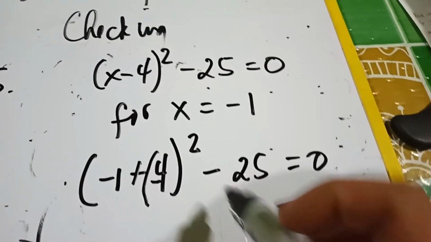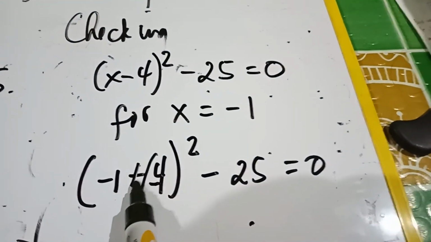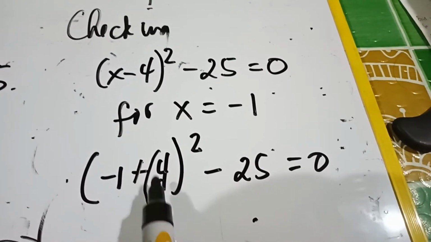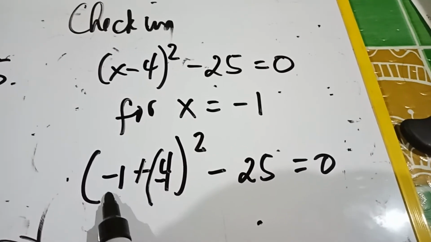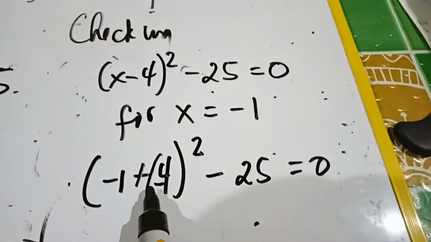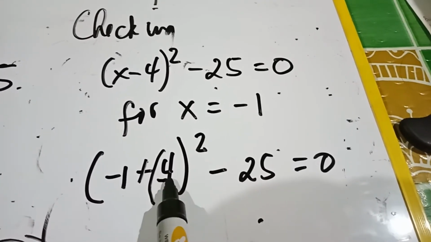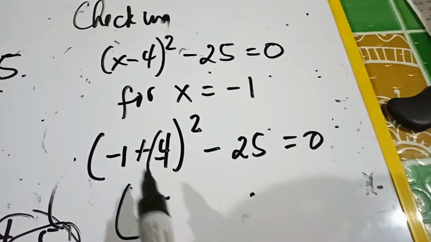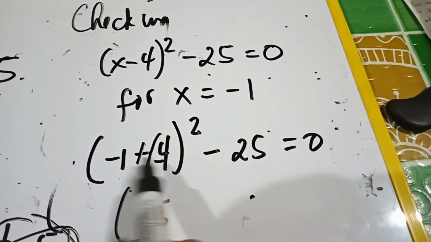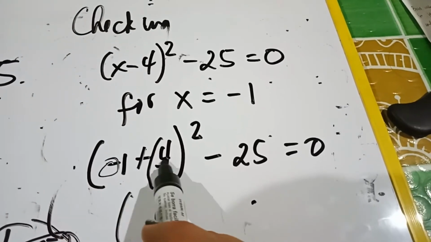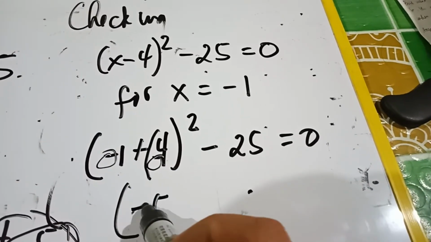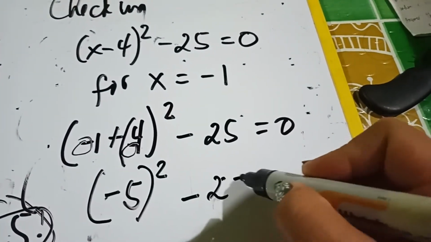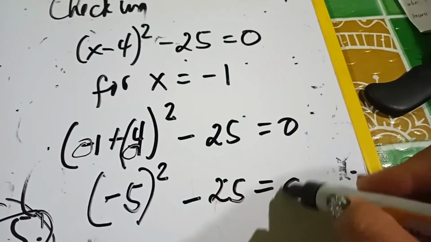Okay, so ngayon, addition na yan, di ba? So, in adding of integers, once na pareho sila ng sign, you need to add and copy the common sign. So, first, add muna natin. 1 plus 4, that is equal to 5. Ano yung parehong sign ni 1 at ni 4? That is negative. Kaya magiging negative 5 and then squared minus 25 is equal to 0.